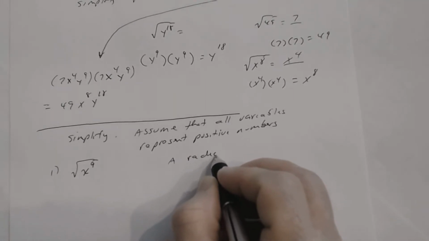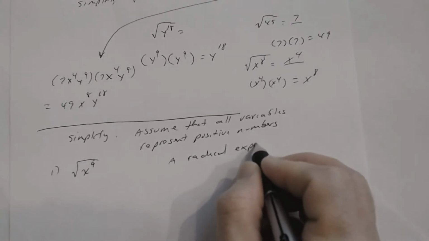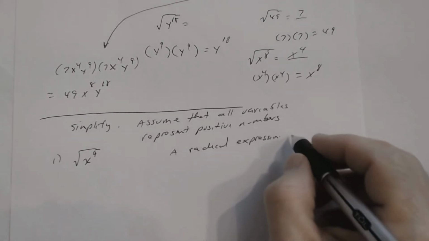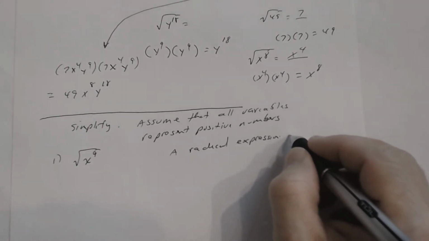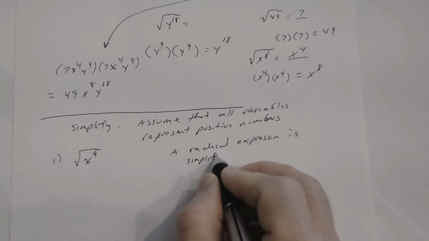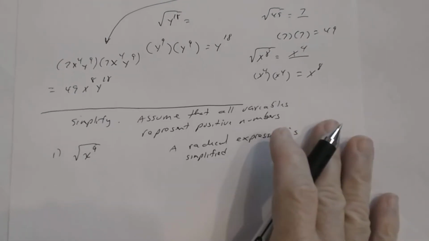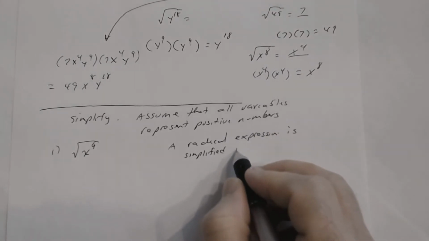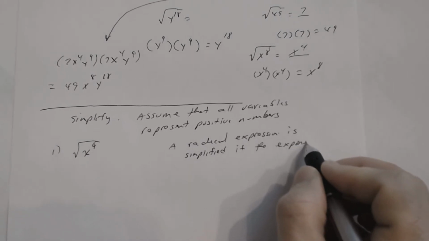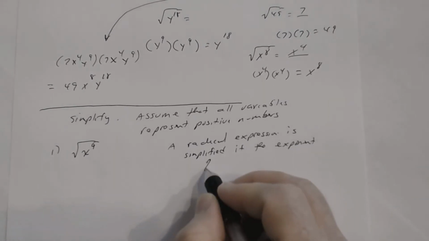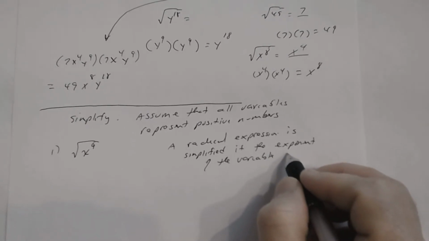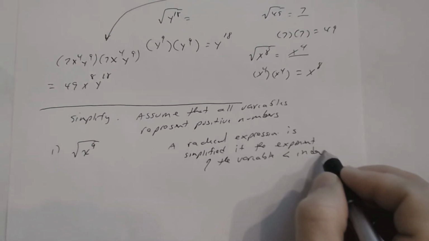A radical expression is simplified if the exponent of the variable is less than the index.